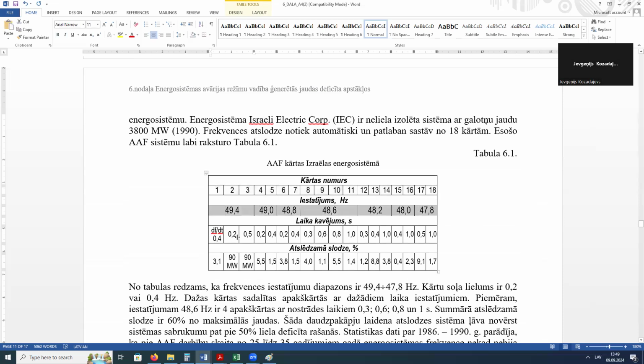These are set points, and these are loads, in values, not percent. These are in percentage, but there is additional important information: an additional set point, not only the frequency value, but the frequency change speed, how fast the frequency is changing. This is an additional set point for activation of a set point.